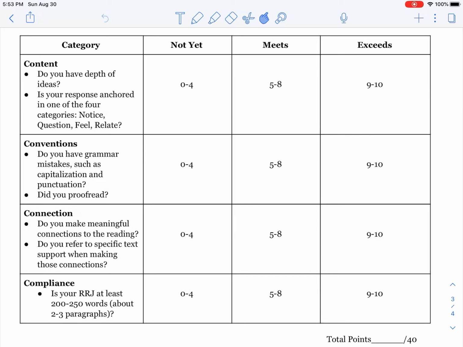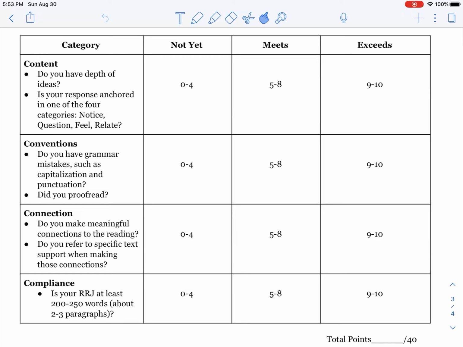Is your response anchored in one of the 4 categories? Are you noticing, questioning, feeling, or relating? Conventions: are you paying attention to capitalization and punctuation? Mechanics and usage. Did you proofread and edit your work? Are you capitalizing your I's, writing complete sentences, and writing in complete paragraphs?